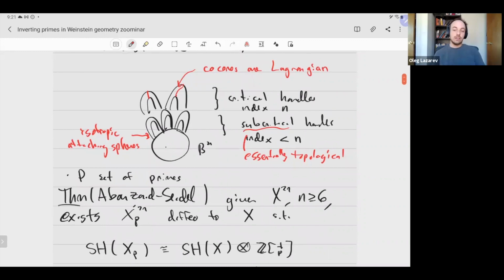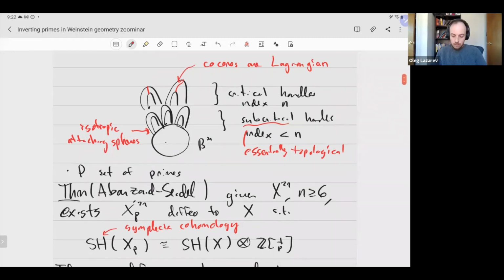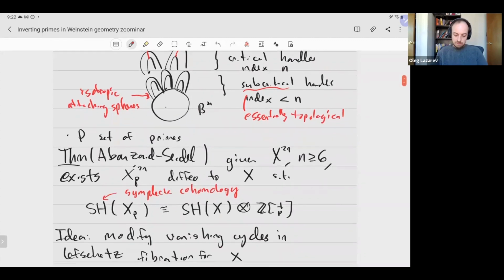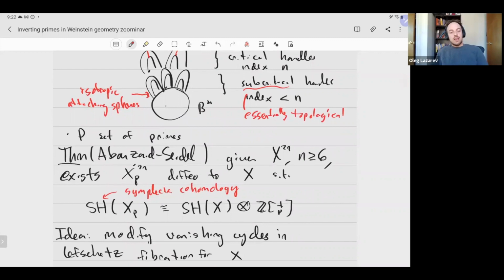They showed that given a Weinstein domain X of dimension 2n, where n is at least 6, there exists another Weinstein domain, X sub P, which is diffeomorphic to X, and its symplectic cohomology is the localization of the symplectic cohomology of X away from P. So it has the property that the invariants localize as desired.